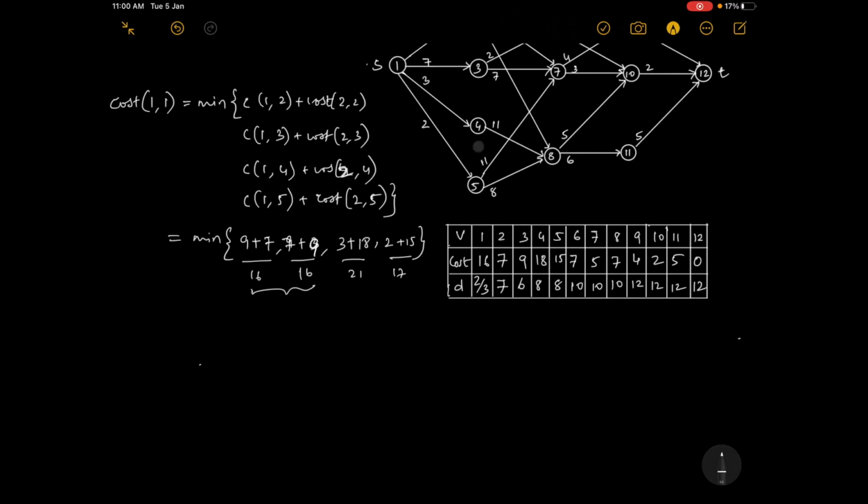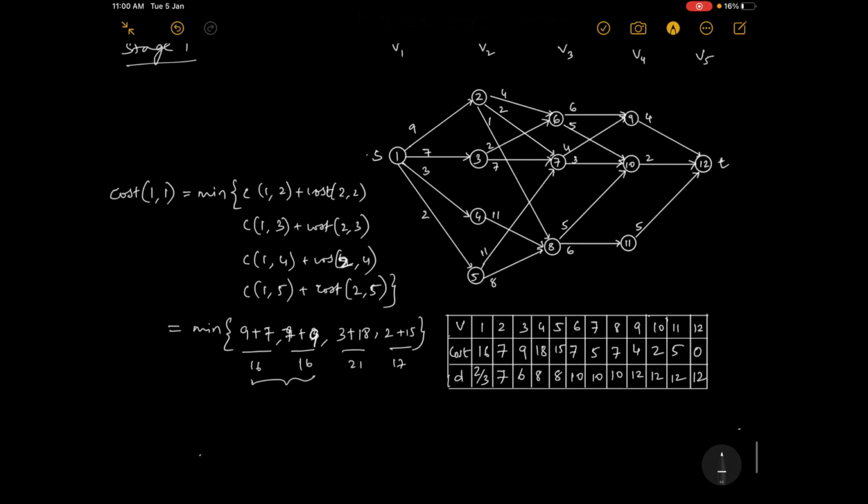Okay, now how is it forward? See, we actually came from stage 5 to stage 4 to stage 3 to stage 2 to stage 1. So like this, okay, to fill 6 7 8, 9 10 11 were helpful.